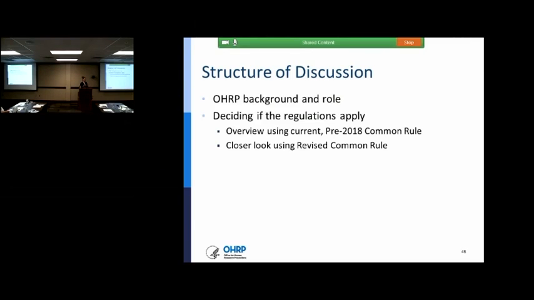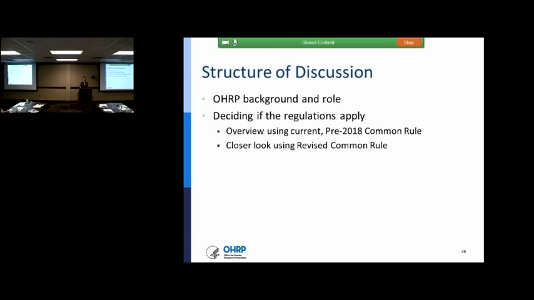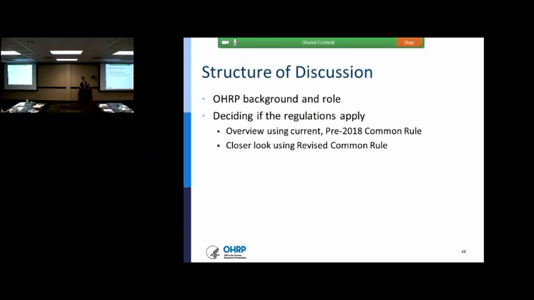First, we're going to walk through it pretty quickly using the current pre-2018 common rule. And then we're going to start over again and go through the whole process a little bit slower using the revised common rule and talk about the changes that occur at the different points and how they pertain to making these decisions. So there is a method to what might look like madness, I promise. You'll just have to bear with me. You'll see how the structure unfolds as we go.